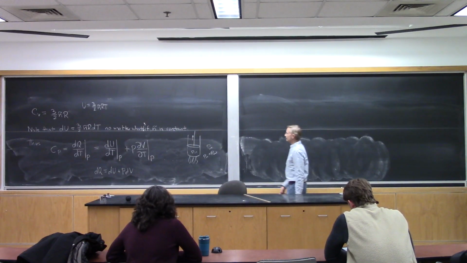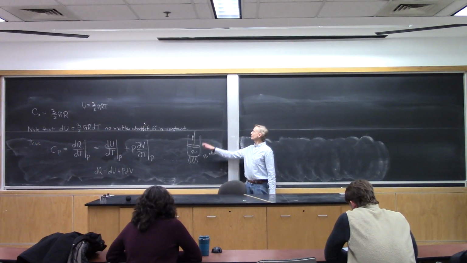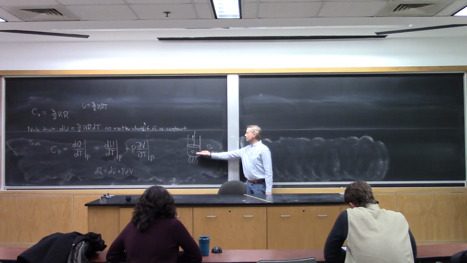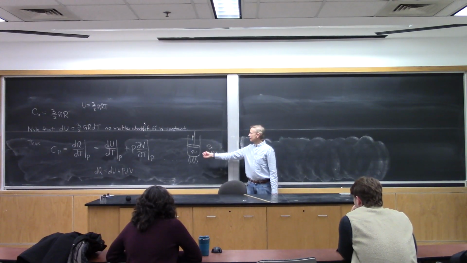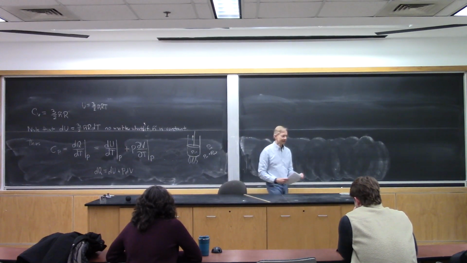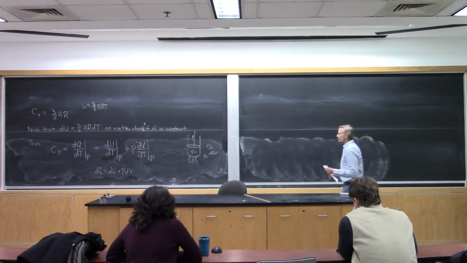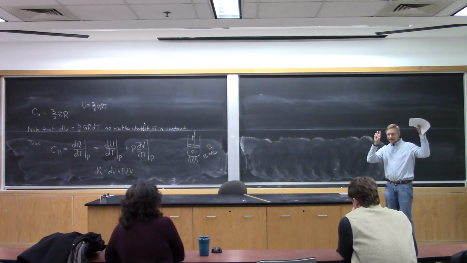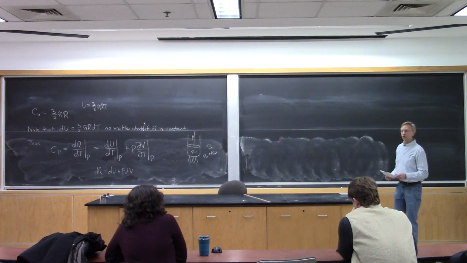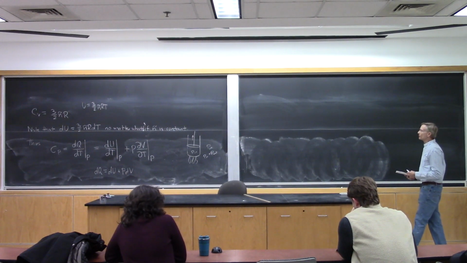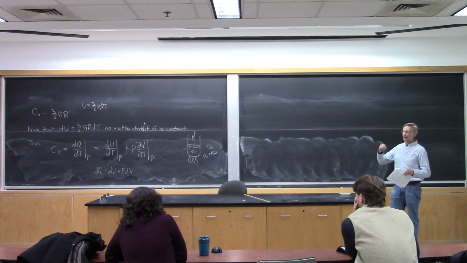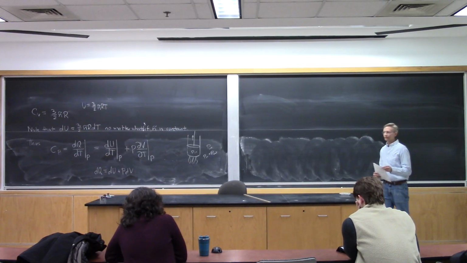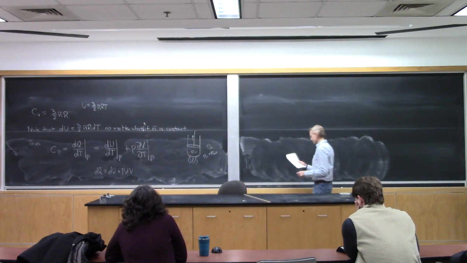So when we heat it at constant pressure, partly we're putting energy in to raise the temperature, partly it's going to do PV work, and that will keep the pressure constant as it expands. So we're, quote unquote, wasting some of the energy we're putting in. It's not all going into raising the temperature. Therefore, the specific heat at constant pressure has to be bigger than the specific heat at constant volume.